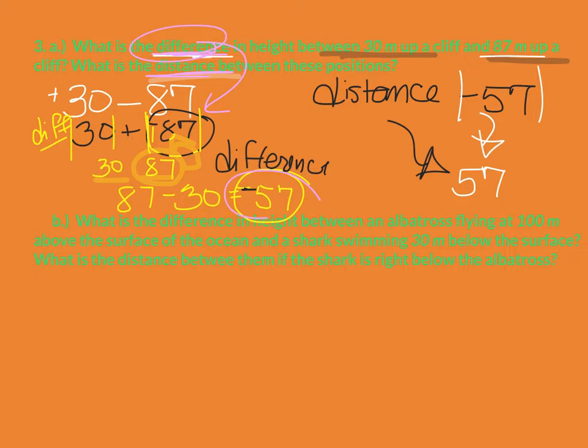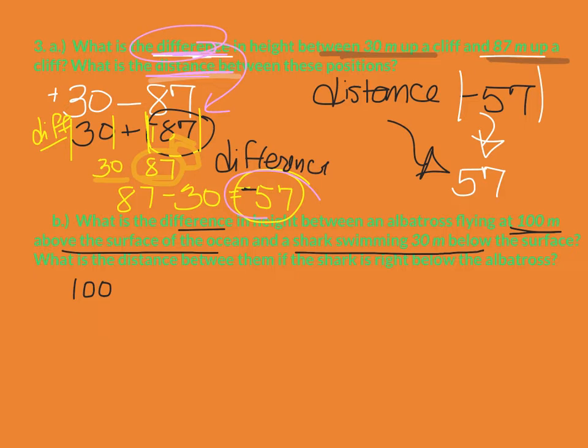Okay, so again, same process. What is the difference in the height between an albatross flying at 100 meters above the surface of the ocean and a shark swimming 30 meters below the surface of the ocean? So the difference in height. So the albatross is up here at 100 meters above the surface of the ocean.